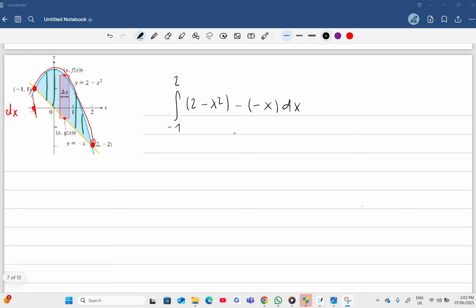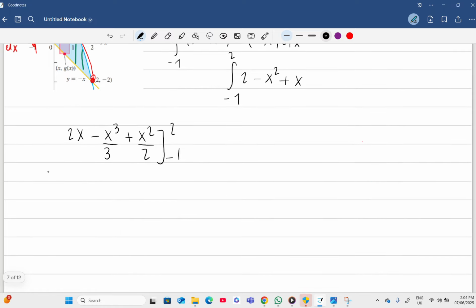This can be rewritten as the integral from 2 to -1 of 2 minus x squared plus x, and let us integrate. So we're gonna get 2x minus x cubed over 3 plus x squared over 2 from 2 to -1. So what does this mean? We're just gonna substitute 2 first.